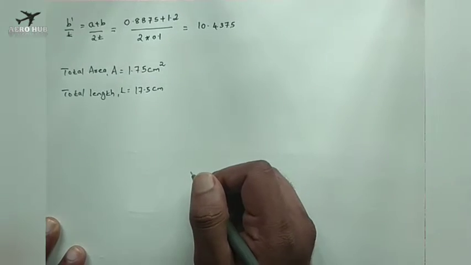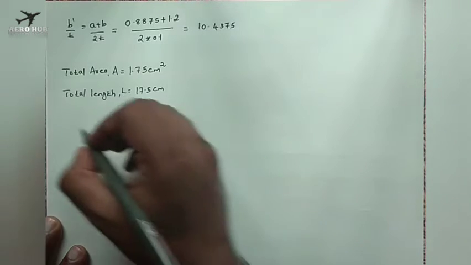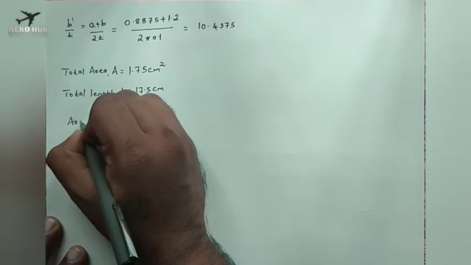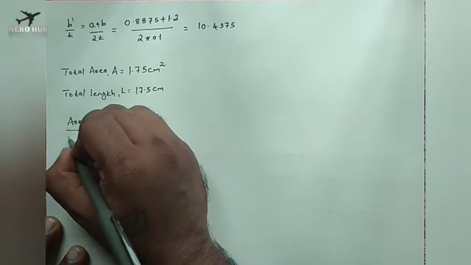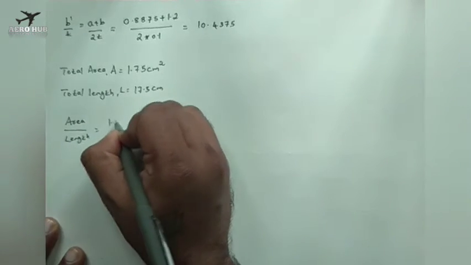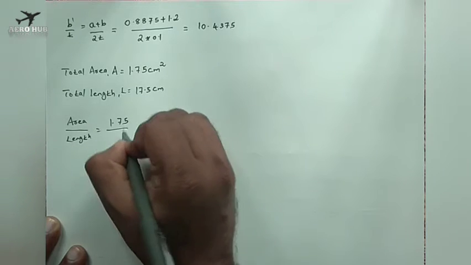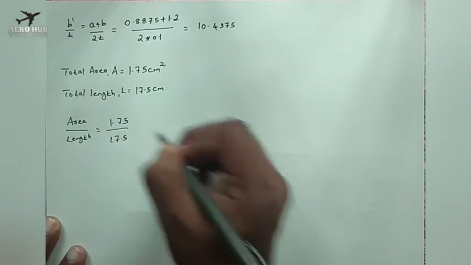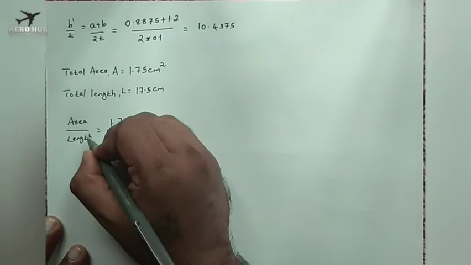So the area per length will be 1.75 by 17.5. This is the area per unit length.